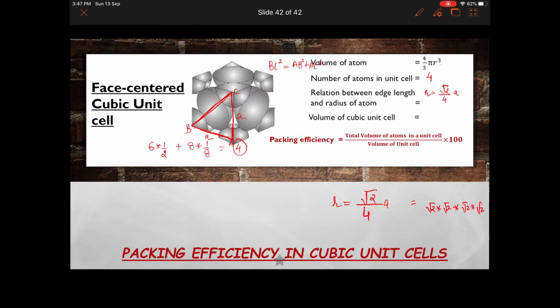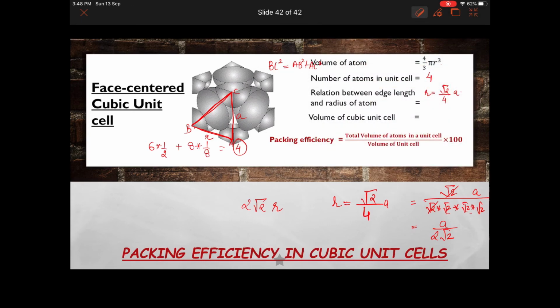We can do that? Yes. And root 2 on the top, A. Root 2 cancel. Root 2 into root 2 is 2. So you get this as A by 2 root 2. You can get this also, right? So I can just say A is equals to 2 root 2 R.